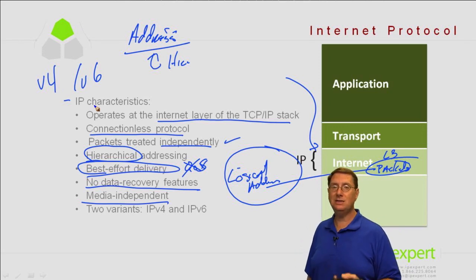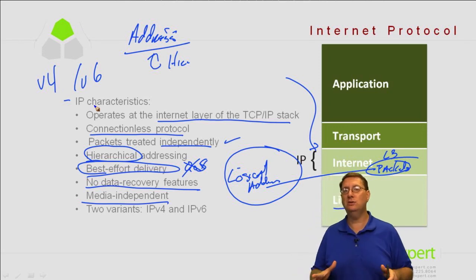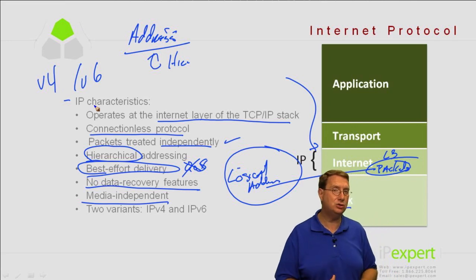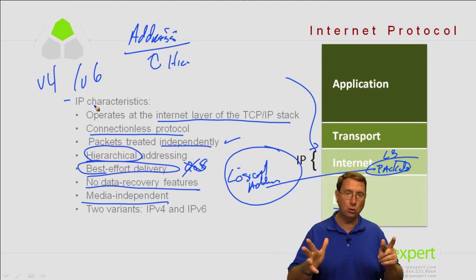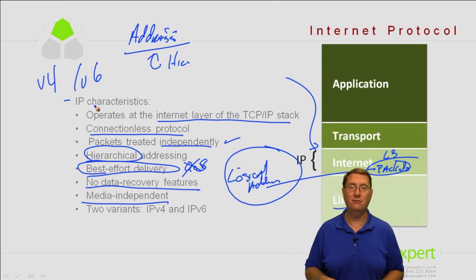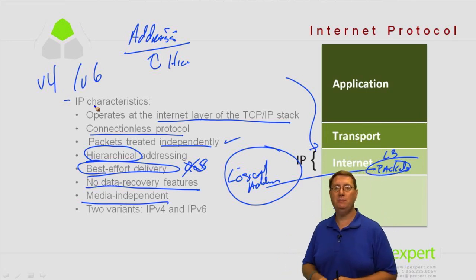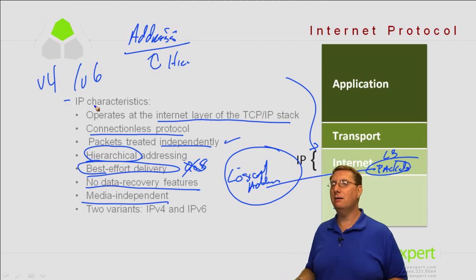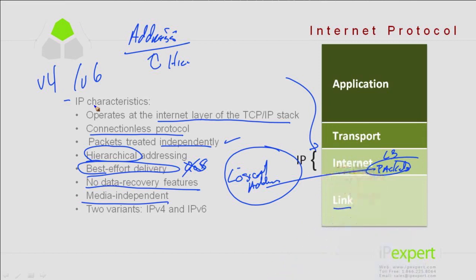So again, it's going to be something we definitely want to understand, and it's so important that Cisco has actually taken the last module of this class and devoted it purely to IP version 6. The majority of the stuff that we're going to be talking about from this point up to there, though, is going to be IPv4. Slightly outmoded, but still used in over 90% of the networks that are currently existing in the world today.